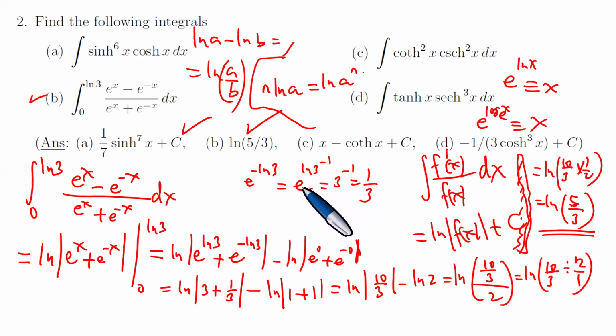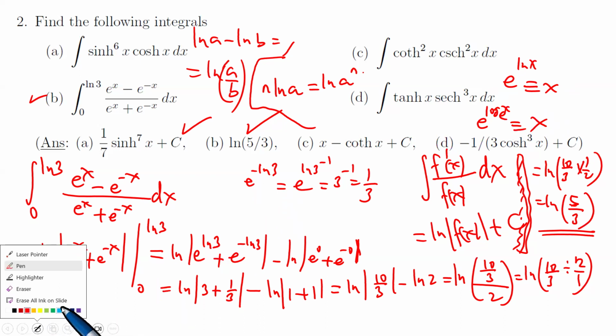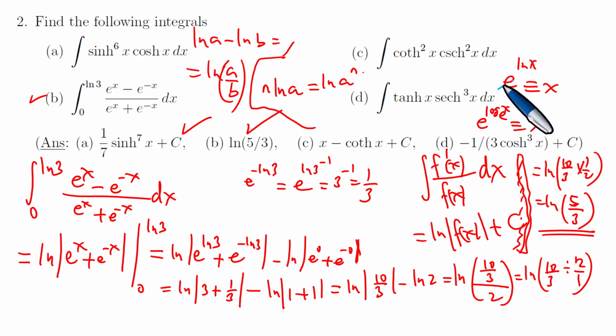And the minute we have e to the ln x, the rule is e to the ln x is just x. In other words, the e cancels the ln if the ln is the power of the e. So each time in mathematics you see this, you can think of it as cancellation. So e cancels the ln and you're left with x. Or you can say e cancels the log to base e, because log to base e is the ln, giving us x. E cancels the ln, giving us 3 to the power minus 1, which is exactly 1/3.